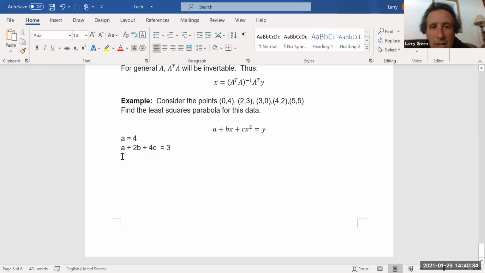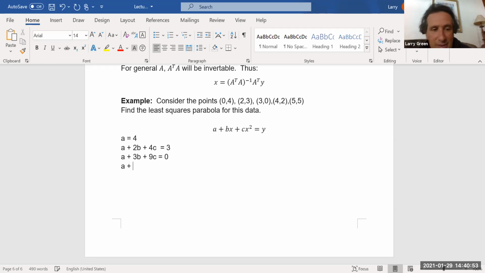And then for the third one, we have 3, 0. So that's going to be A plus 3B plus 9C is equal to 0. Next one is 4, 2.